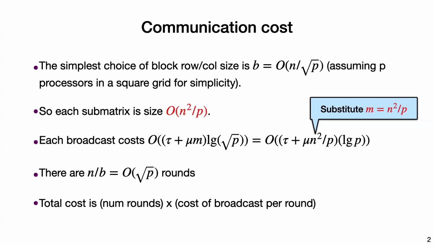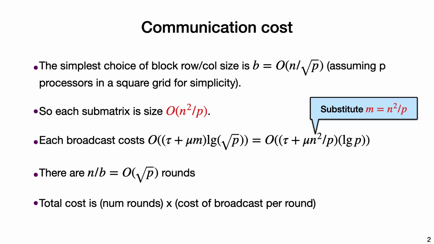So the total size of the block row that you're doing multiplication is n over root p. That's one block row or block column, but there are root p processors in that block row or block column. So the size of the submatrix is actually n squared over p, because this thing again divided by root p is n squared over p. And the rest of it is the same.